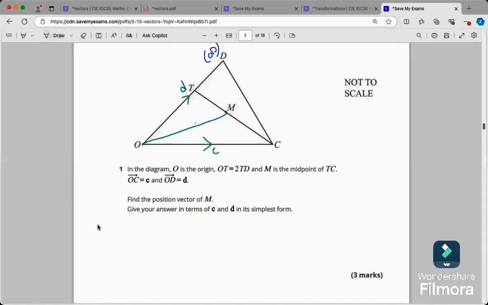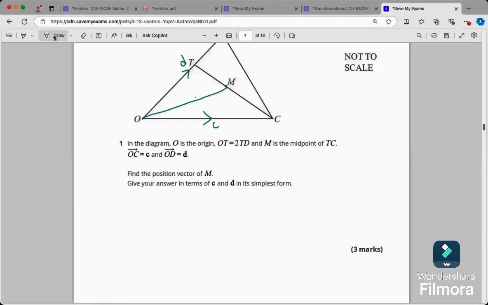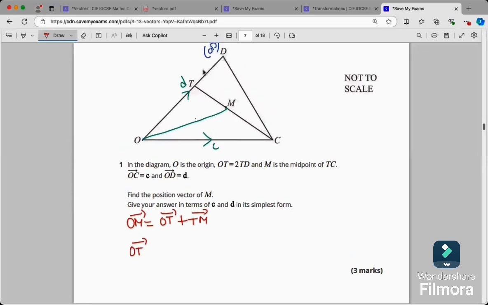So OM is equal to, you can go from O to T plus T to M, right? Now let's find out what is OT. Here they gave us the ratio, which is 2 is to 1. They said OT is 2 times TD.